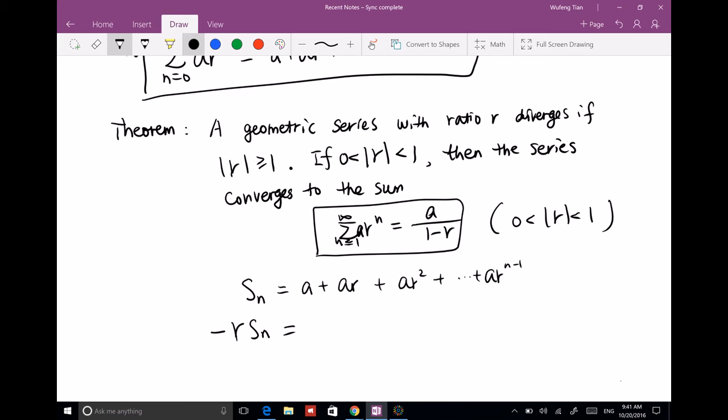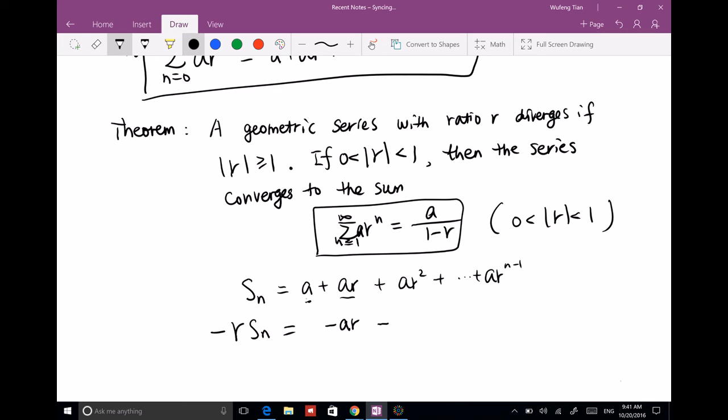Then the first one, A, will be, can anyone tell me what's the first term if I multiply by negative R? Negative AR, that's right, negative AR. The second one will be negative, because I multiply by negative R, right?